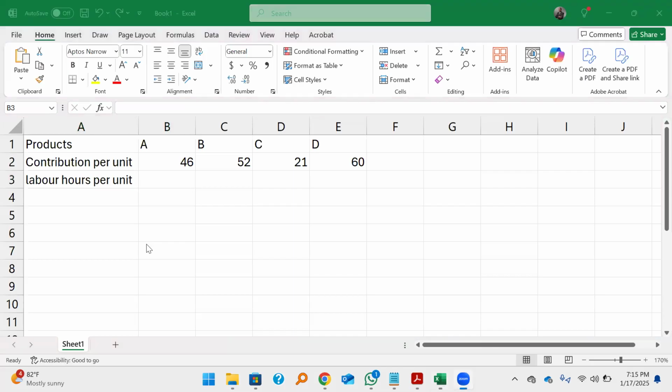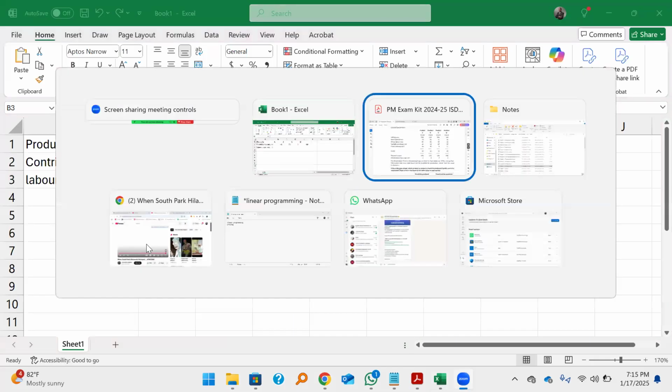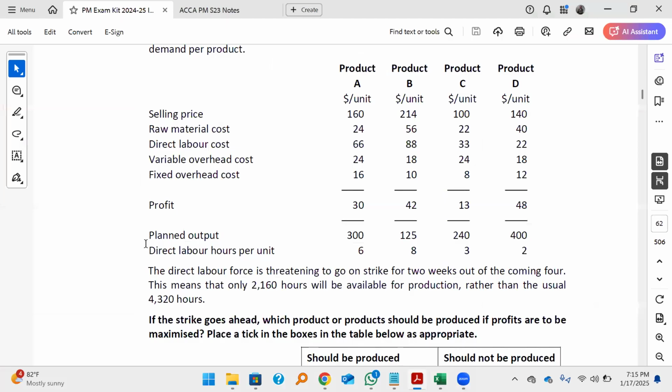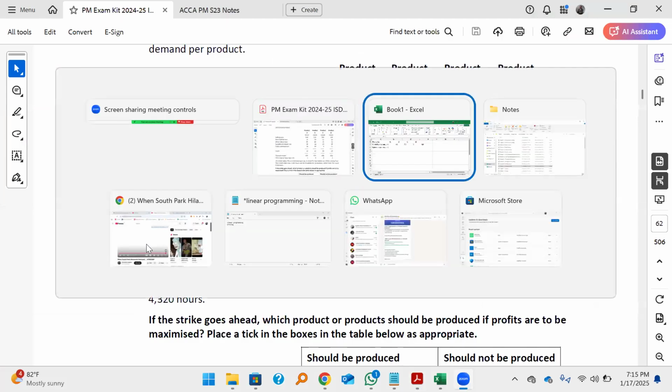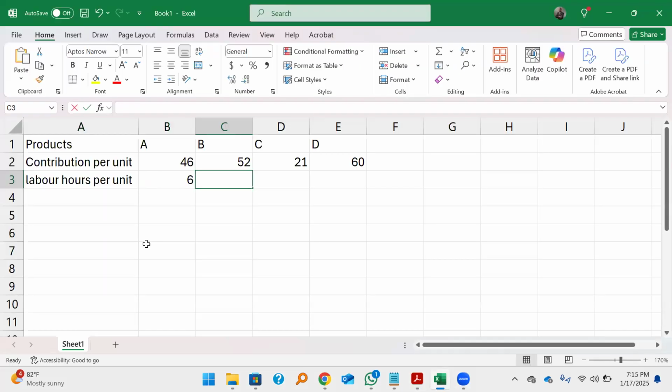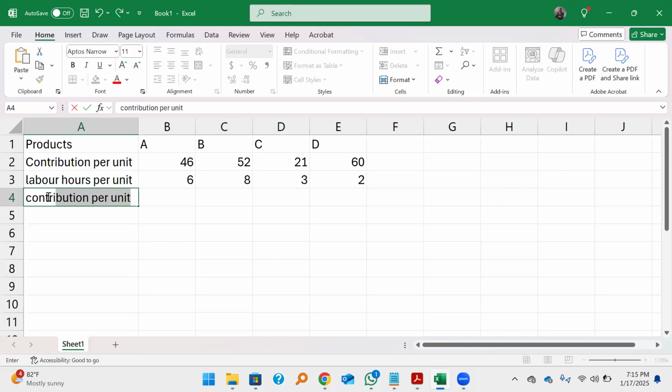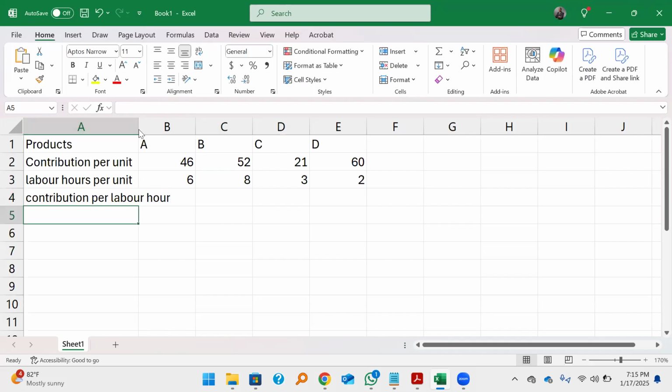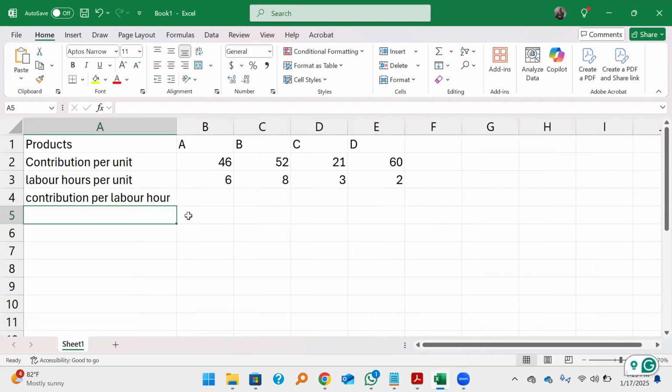They've told us we have 6, 8, 3, and 2. Therefore we need to know contribution per labor hour. Remember, we do contribution per limiting factor.